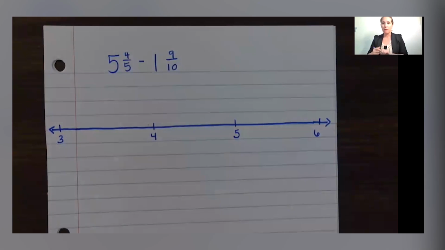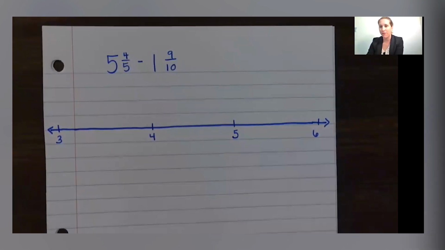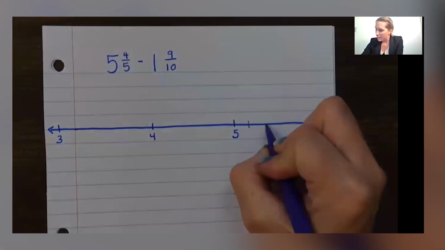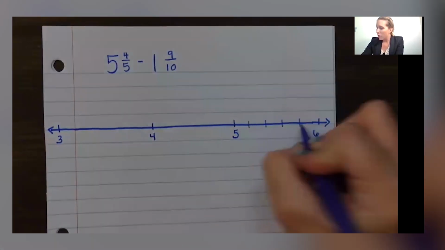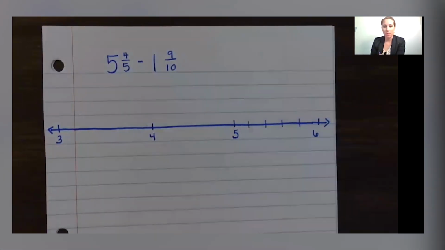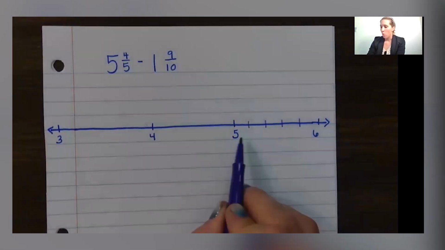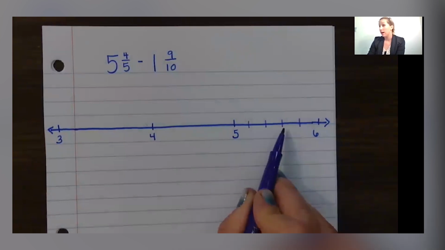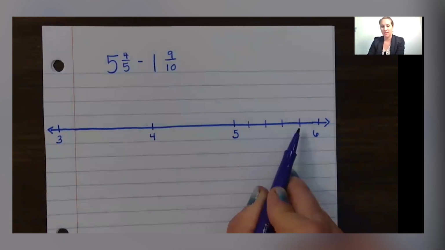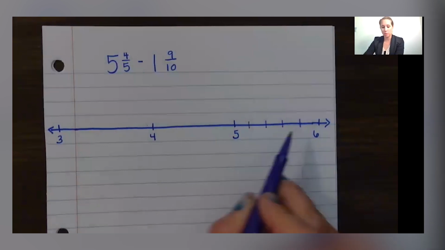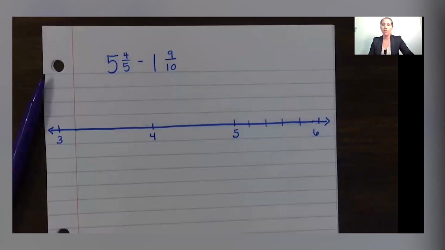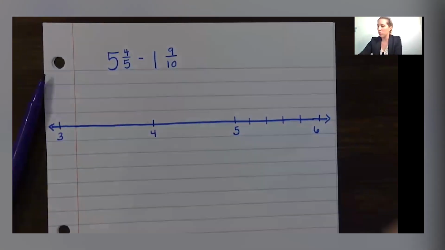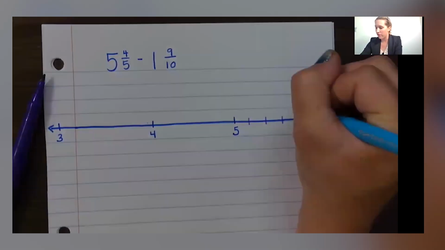Between 5 and 6, let's put some tick marks to make it into fifths. 1, 2, 3, 4, 5. Excellent work. Now count with me. 5 1/5, 5 2/5, 5 3/5, 5 4/5. Very good. And so let's put our dot over 5 4/5. That's where we're starting, at 5 4/5.